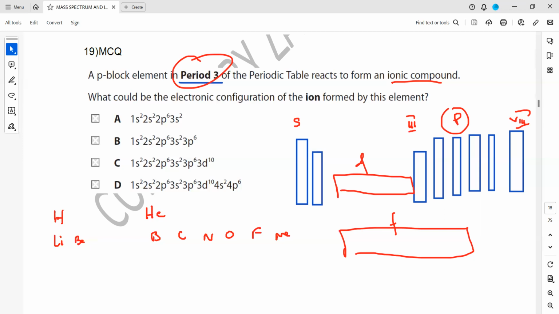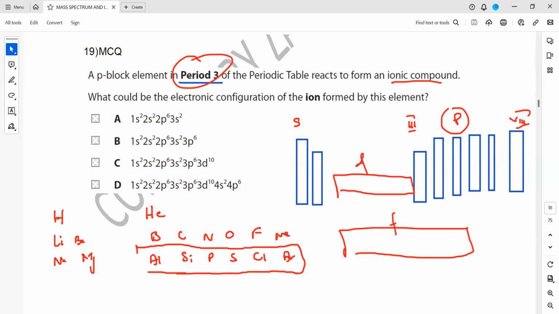Then in the third shell, which elements do we have? We have sodium, magnesium, aluminium, silicon, phosphorus, sulfur, chlorine, and argon. Because they mentioned this is a period 3 element and it's a p block, we are left with this side.